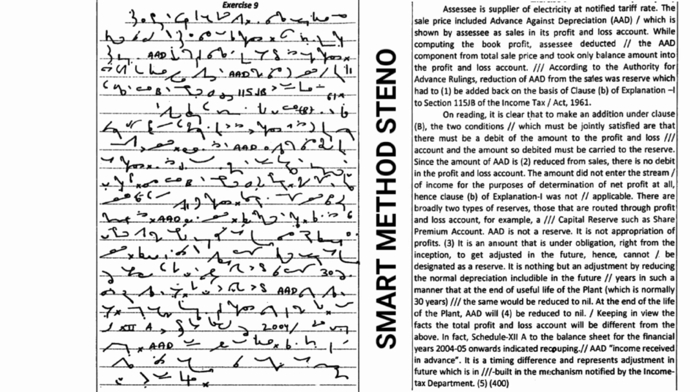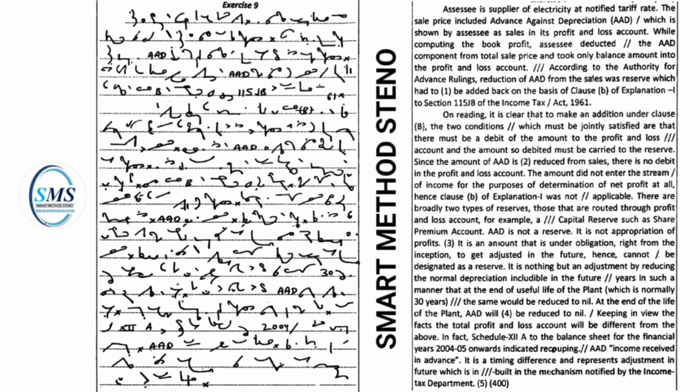On reading, it is clear that to make an addition under Clause B, the two conditions which must be jointly satisfied are that there must be a debit of the amount to the profit and loss account, and the amount so debited must be carried to the reserve.